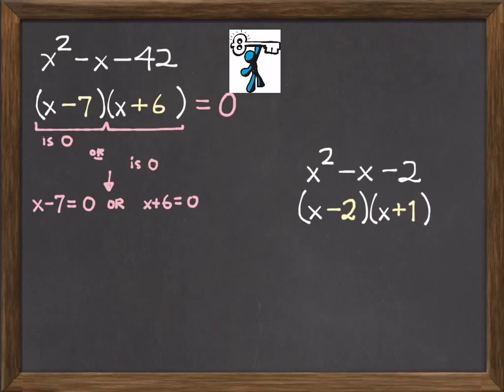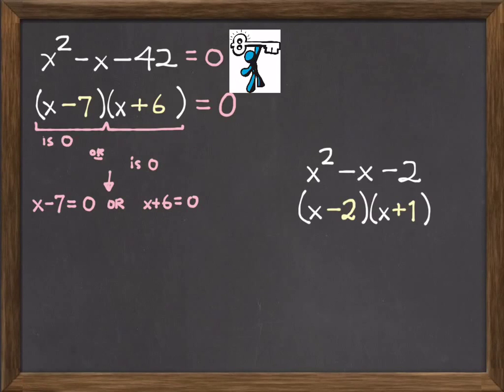So if I rewind the tape all the way to the beginning, if I start with x squared minus x minus 42 is equal to 0, and we then factor the left-hand side, then because on the left-hand side I have a product of two numbers which equals 0, and because 0 is the only real number that has this property, we must know that one of the original factors must have been 0 to begin with.